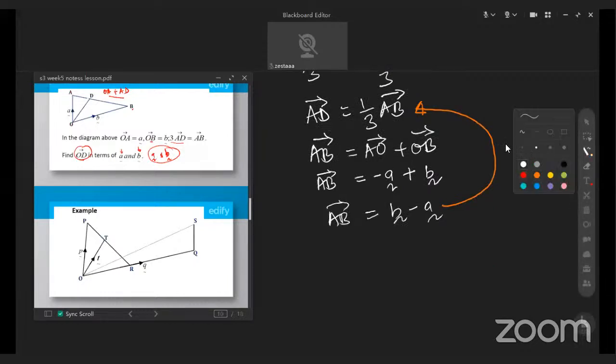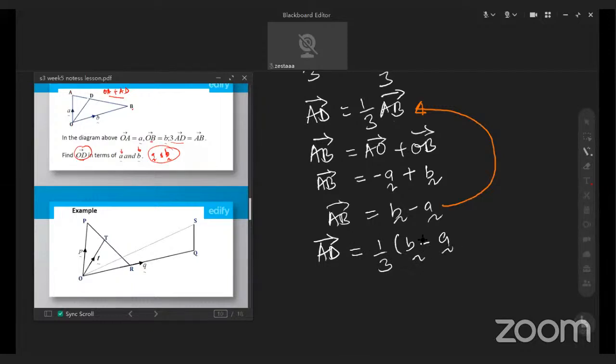When we do the substitution, we shall end up having our vector AD being equal to one out of three into B minus A. See that? Another person can say it is B minus A over 3. It is the same thing. You can write it that way as well.